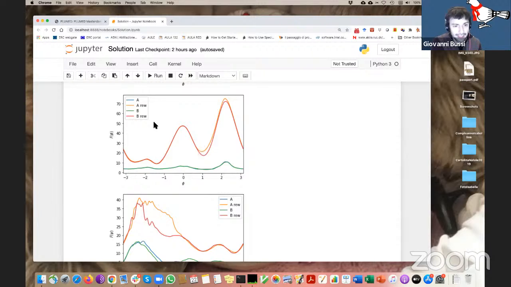You see that the stability of state B has been underestimated in the first simulation with respect to the second simulation. I cannot say if the second simulation is better than the first one or the other way around. What I can say is that the correct value should be somewhere in the middle. Clearly the orange line would be a kind of upper bound, and the red line would be a kind of lower bound.